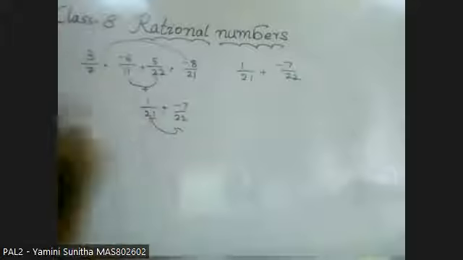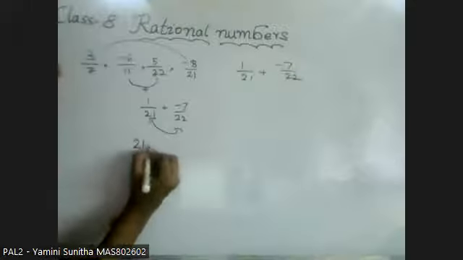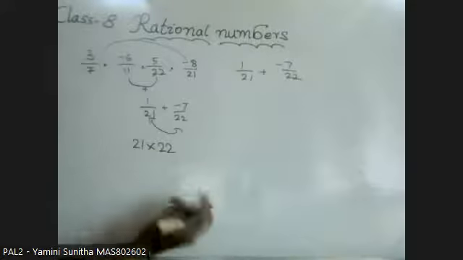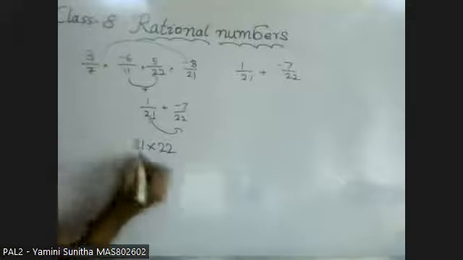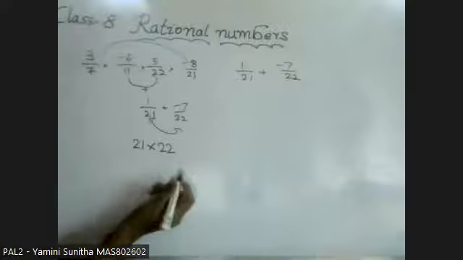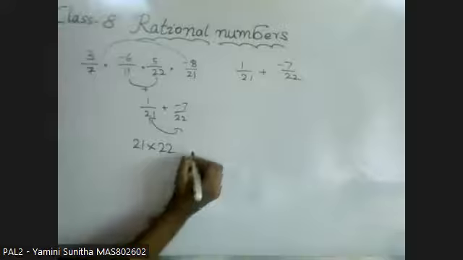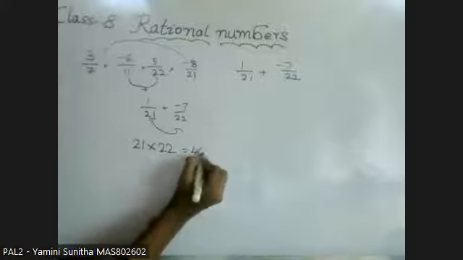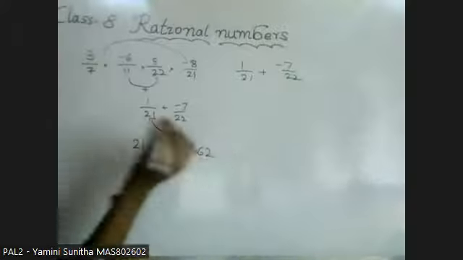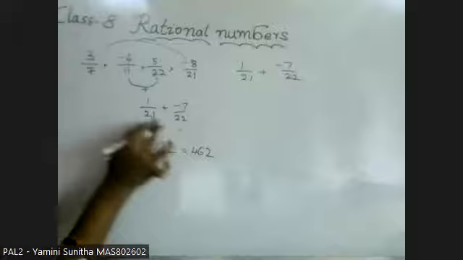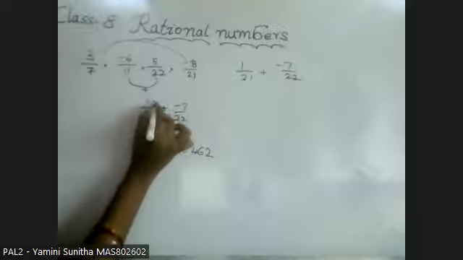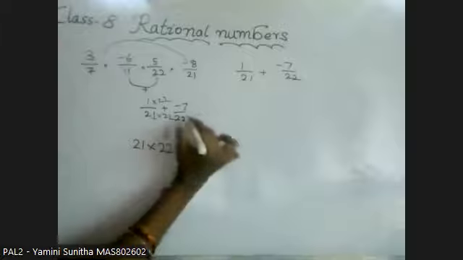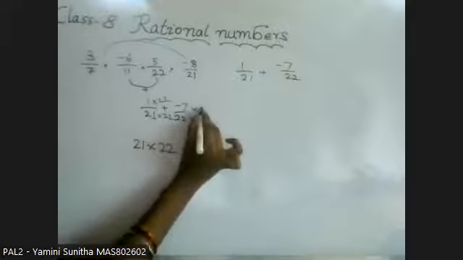So their LCM will be the product. Product of 22 and 21 we will get 462. So to make this denominator into 462, we have to multiply it by 22, here 21. Simple logic.